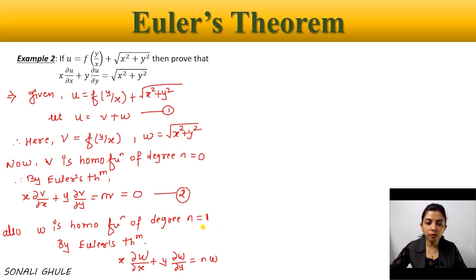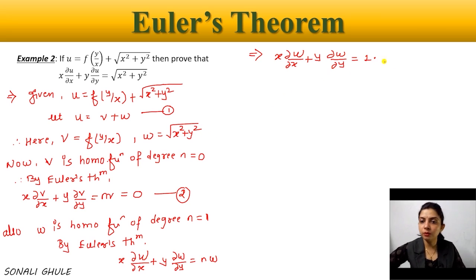Now putting here the values for n and w, this will give me x into dou w by dou x plus y into dou w by dou y is equal to, what is n? It is 1 into w. What is w? Yes, it is root x square plus y square.